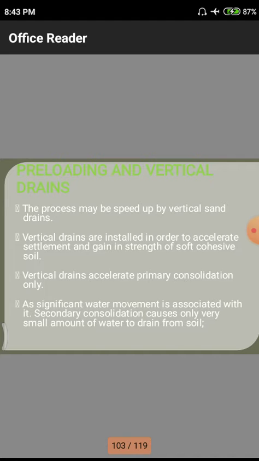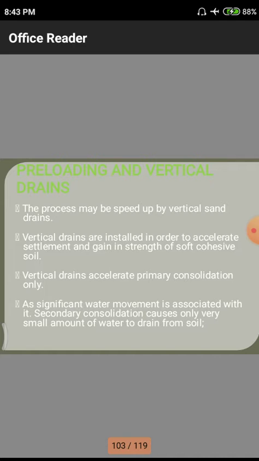Next, vertical drains are installed in order to accelerate the settlement of and gain strength in soft cohesive soil. What does the term accelerate mean? In some chemical reactions we use an accelerator to speed up the reaction between the solute and solvent.